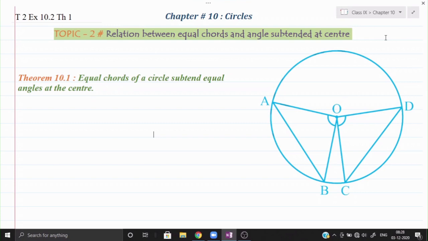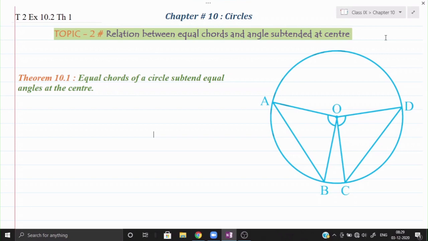Because A and B lie on the circumference, if you draw a line between A and B, you will get a chord AB. Similarly you will get a chord CD. Now chord AB makes the angle AOB at the center and chord CD makes angle COD at the center. These two angles are equal, we have to prove.